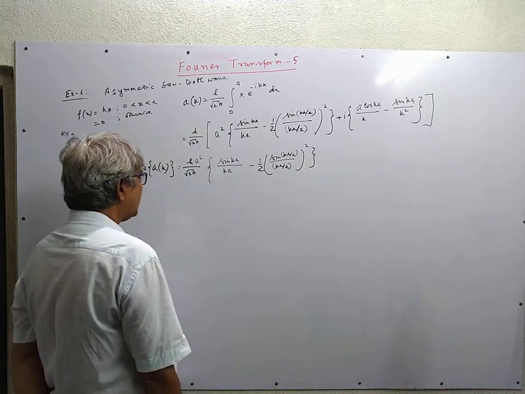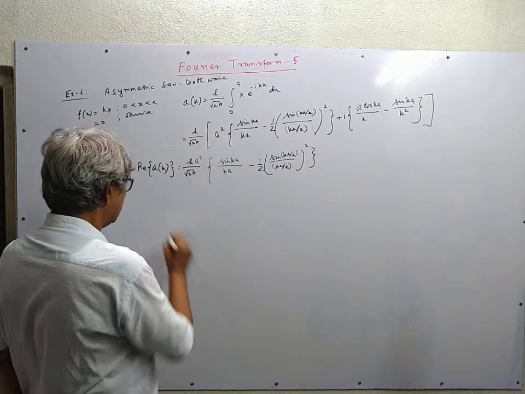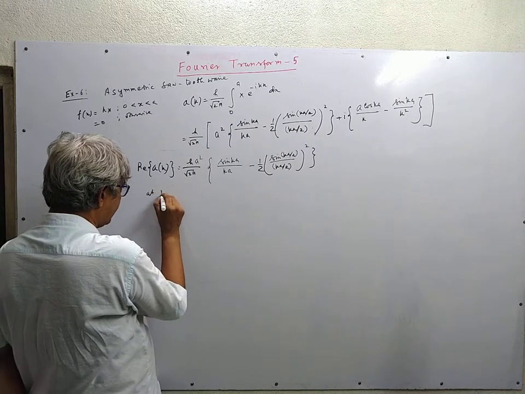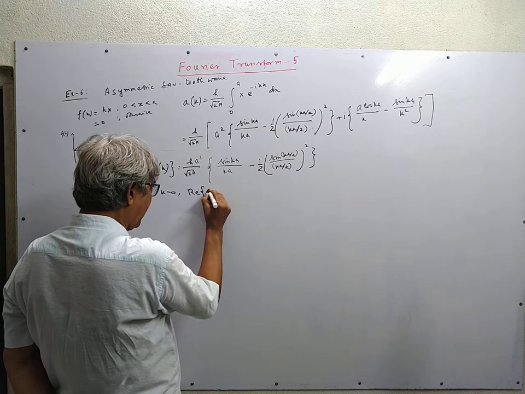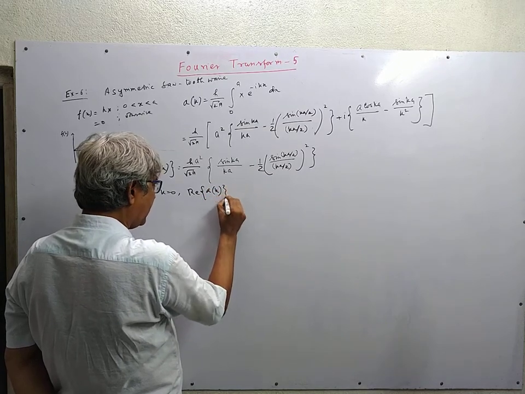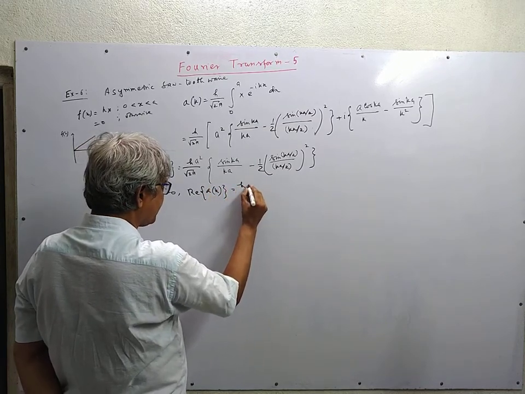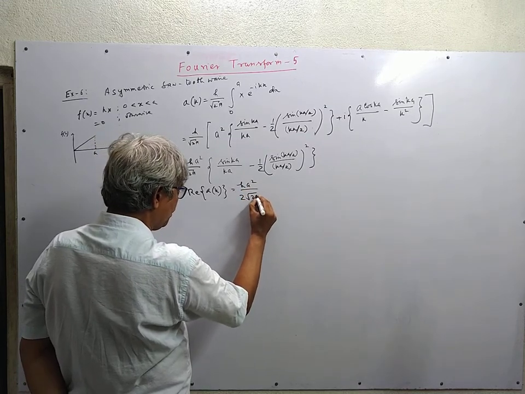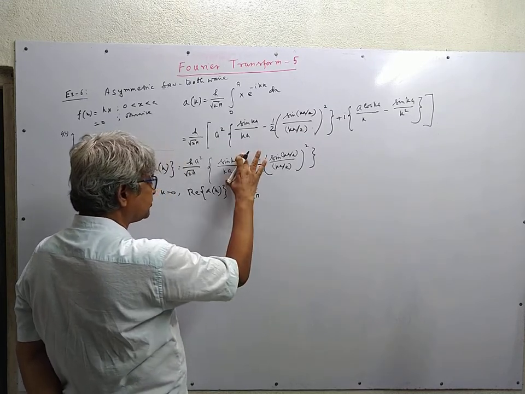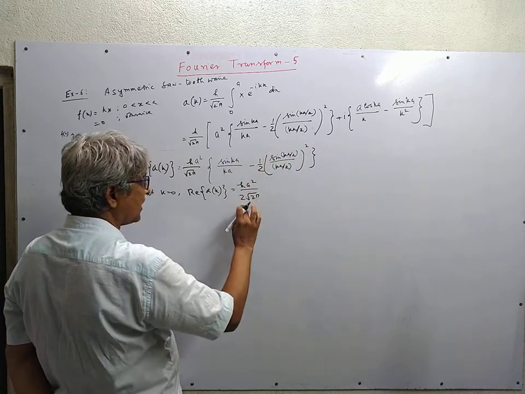You see that at k equal to 0, the real part of a of k is h a square by 2 root 2 pi, because this contributes 1 and this is half.